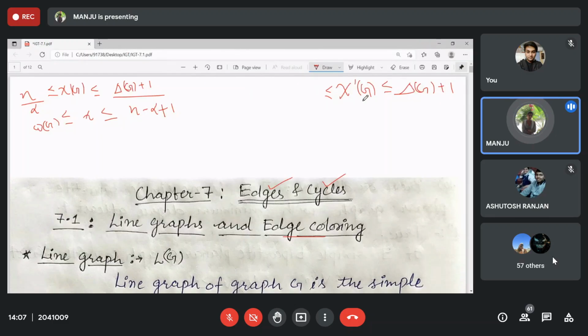So here it is edge coloring, that's why the number of edges divided by the maximum number of independent edges, denoted by alpha dash, right? Maximum matching. This corresponds to vertices, and this corresponds to edges. One or two more inequalities we will be talking about.